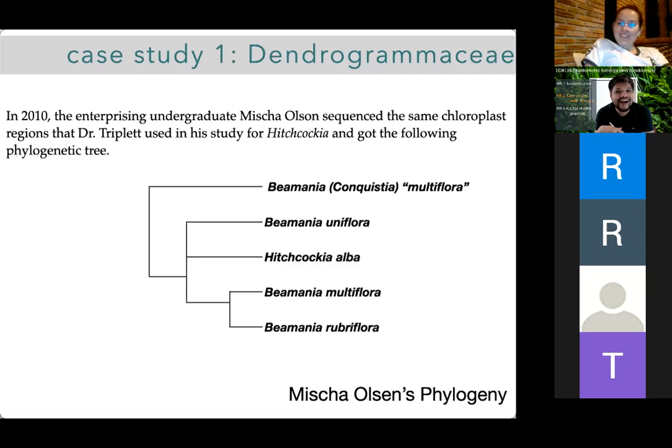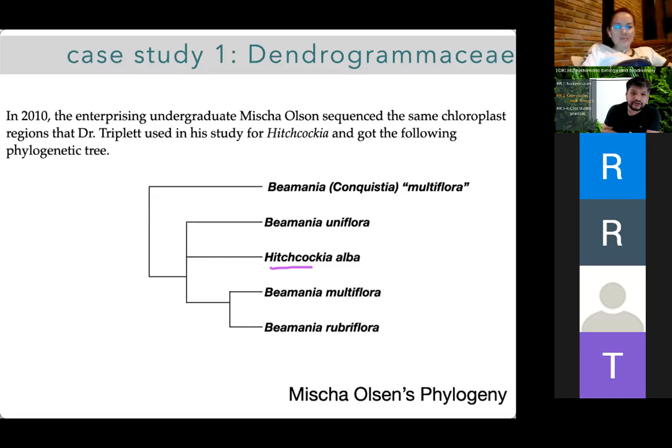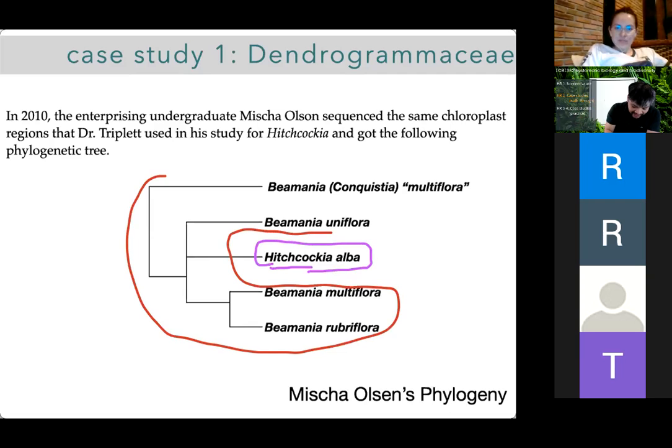So she did the same thing, but she got more samples, and she now included Hitchcockia in these studies, and she found a very unnerving result. Your advisor just made this a new combined genus, and now you found that Hitchcockia are now within. Once again, the same nightmare happens.